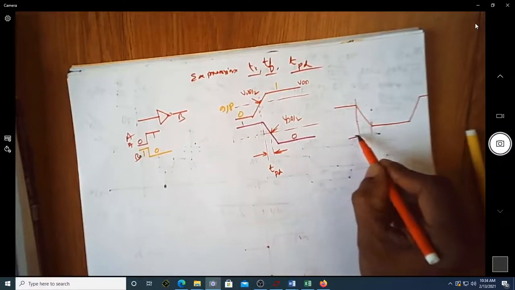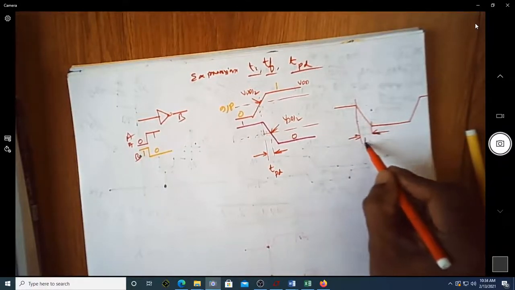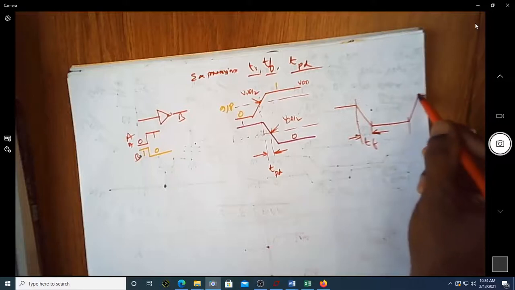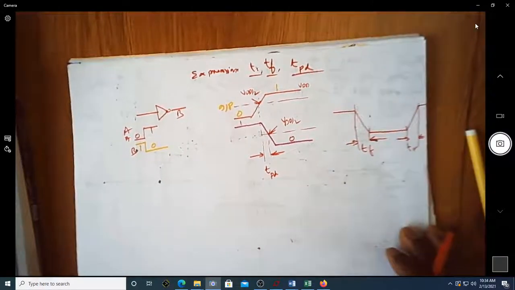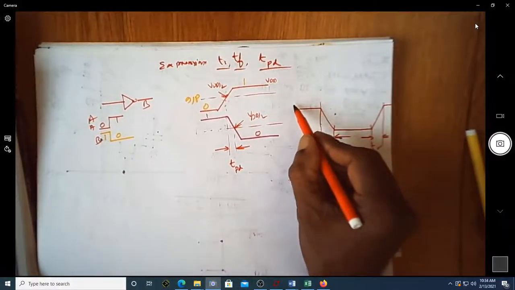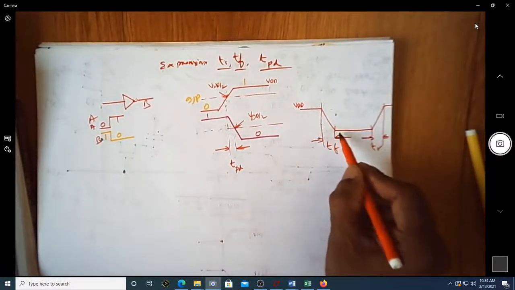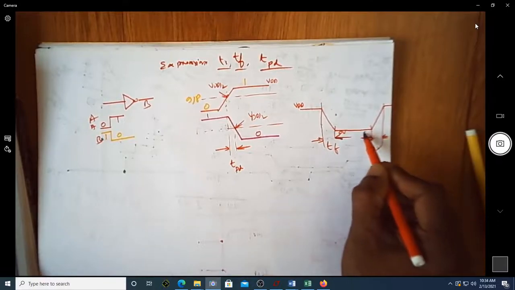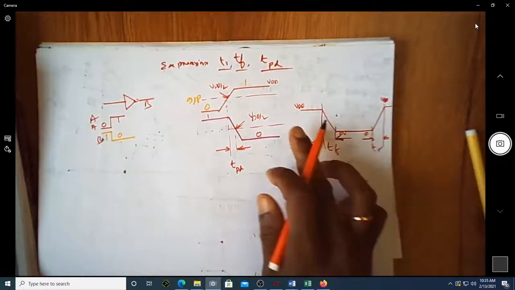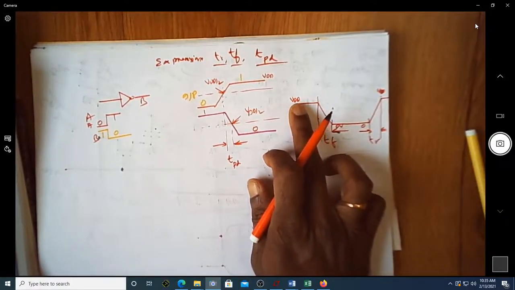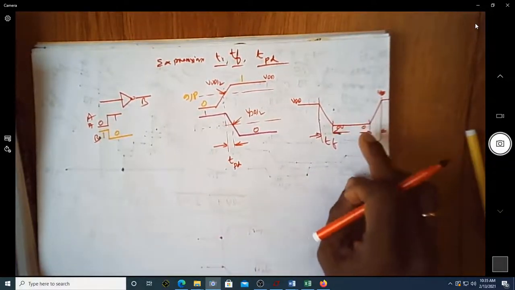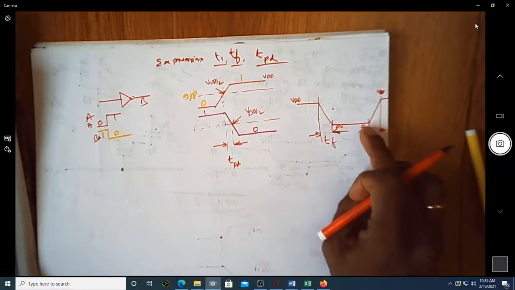This is the typical fall time, and this is the typical rise time. The output is dropping from VDD to 0 volt, and going from 0 to VDD, so you are considering 100% of the supply VDD.